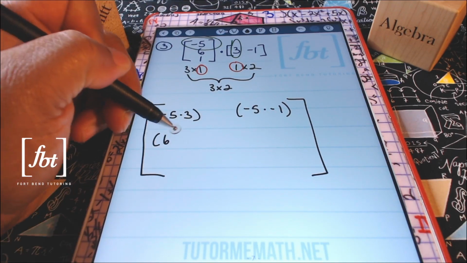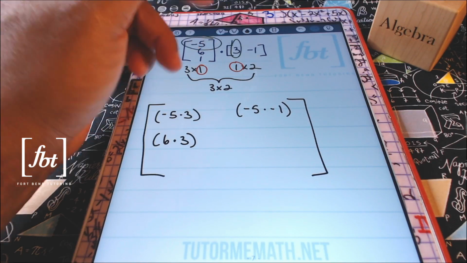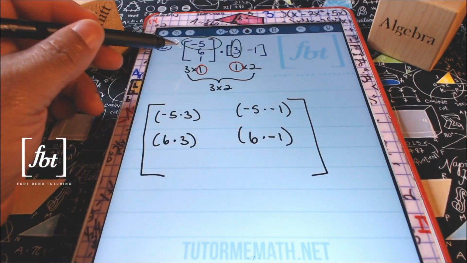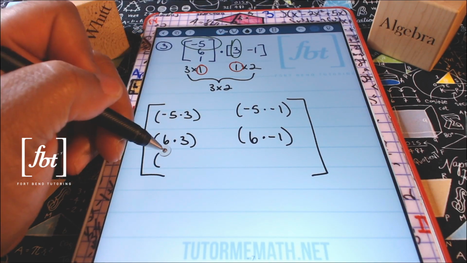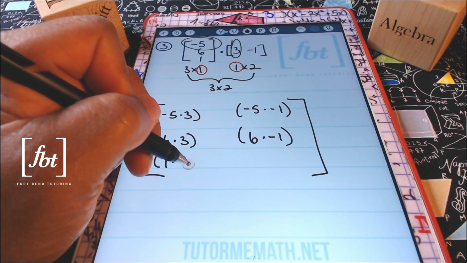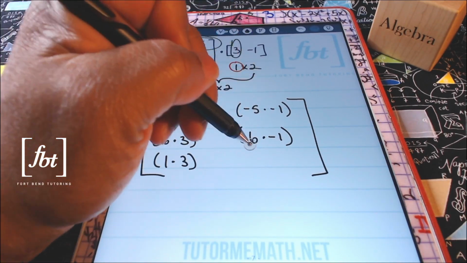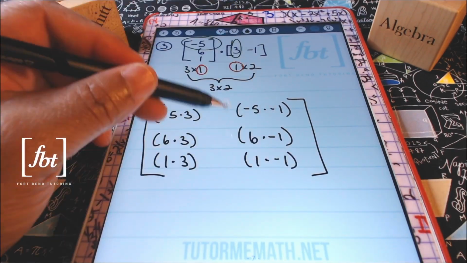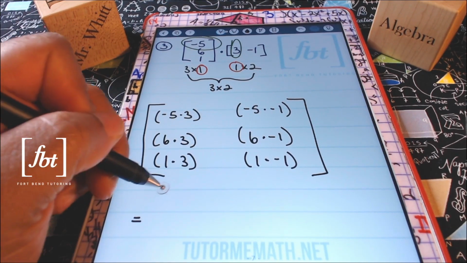You'll have 6 times 3. Then going across the second row and down the second column, we'll have 6 times negative 1. Then we'll be on our third row going across and then down. This gives us 1 times 3. And then finally go across the third row and down the second column to come up with 1 times negative 1. And this is going to be our setup for our 3x2 matrix.